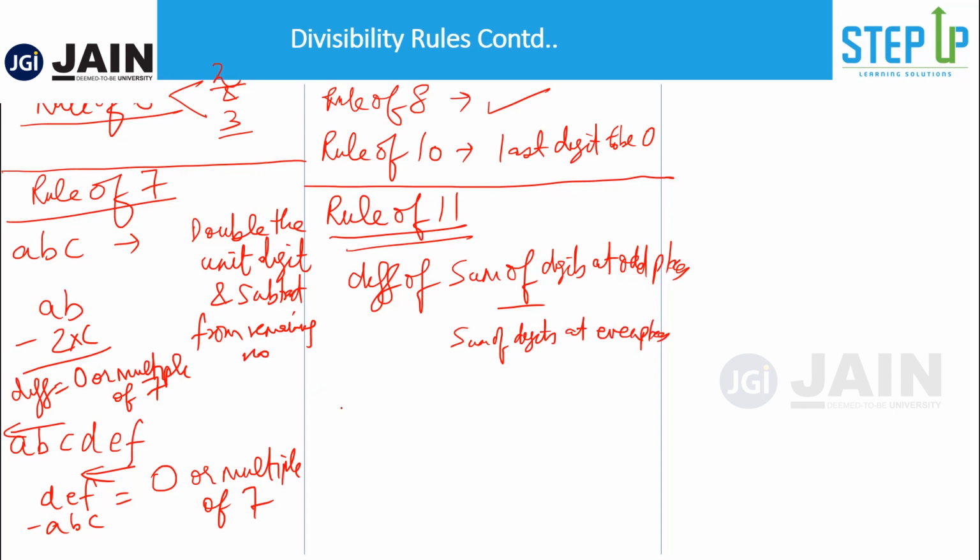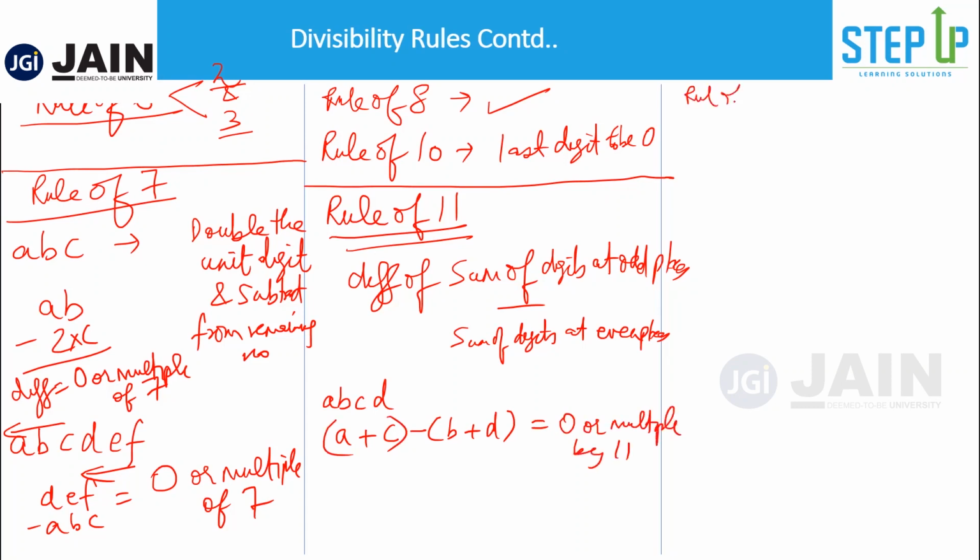That means if a number is of the form a, b, c, d, you can say if (a plus c) minus (b plus d) is 0 or a multiple of 11, that means this is divisible by 11.